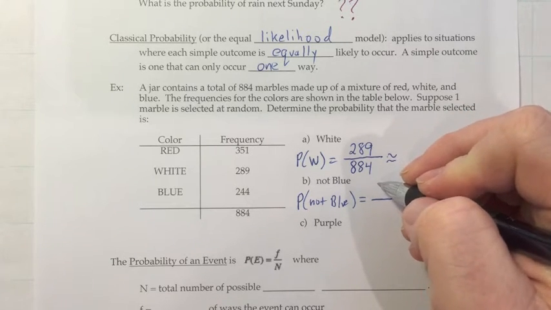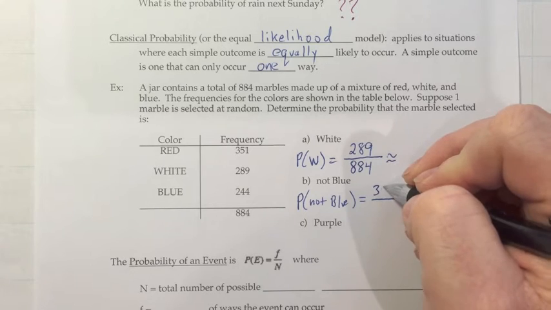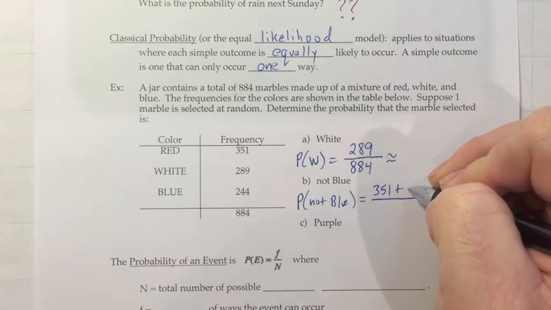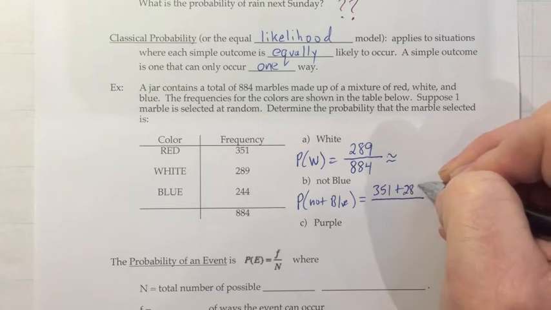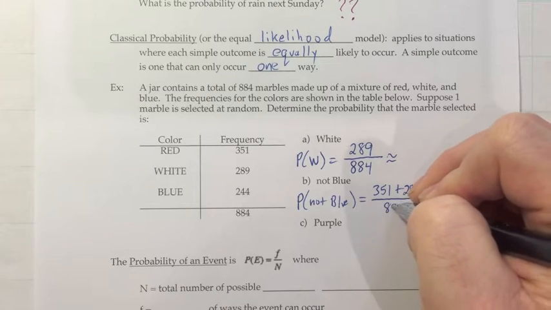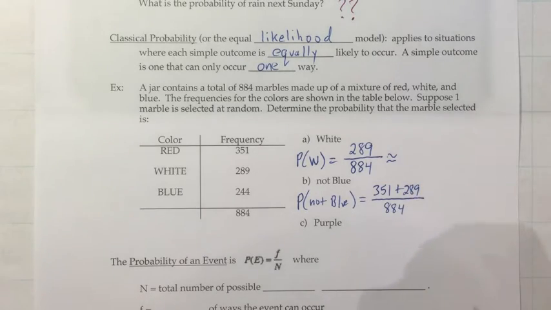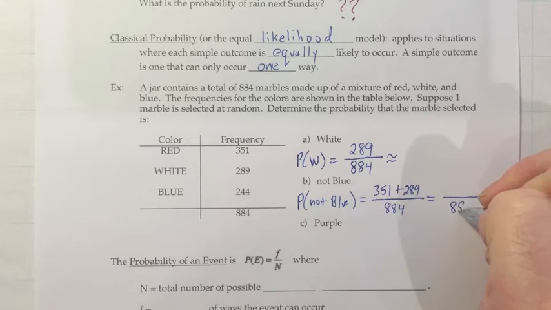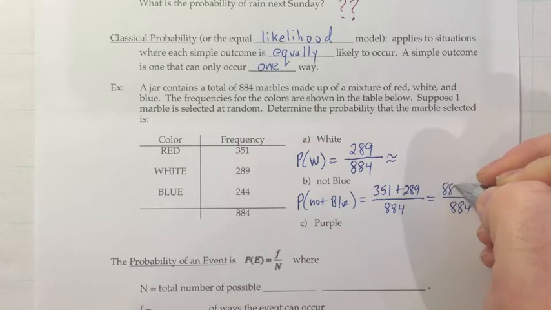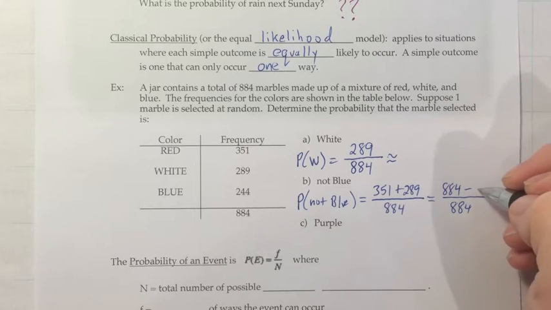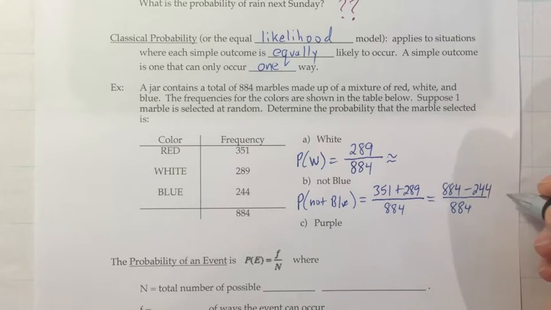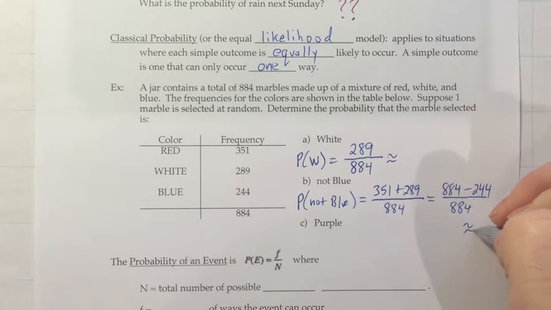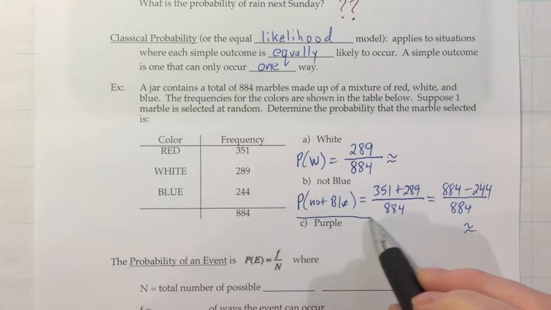And that would be red or white. So they would take 351 and add on the 289 and divide that by 884. But I'm claiming that it would be equally good to take the 884 marbles and just subtract out the ones that are blue, 244, and either of those should give us a good answer for that one.